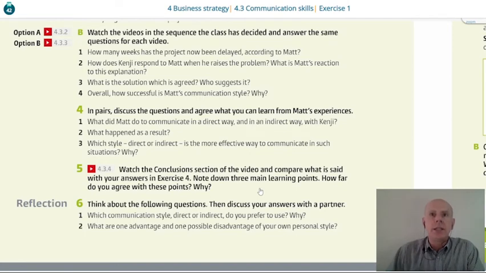What can we learn from this issue? Communicating directly or indirectly. How far do you agree with these points and why? Because it isn't a Brazilian person talking, it isn't a Japanese person talking, or a German one.